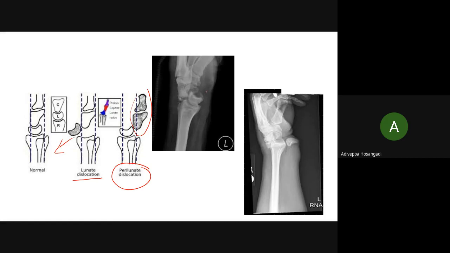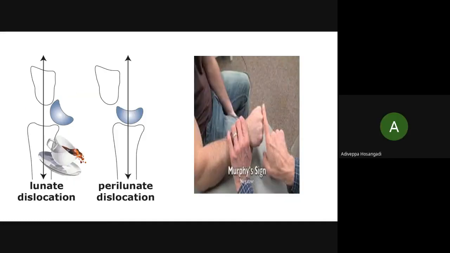Look at the relation of lunate and radius. It is normal. This is perilunate. Here the lunate has gone away, not connected. This is lunate dislocation. Now you can easily remember lunate and perilunate dislocation.